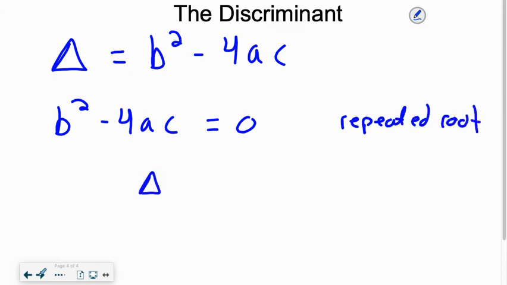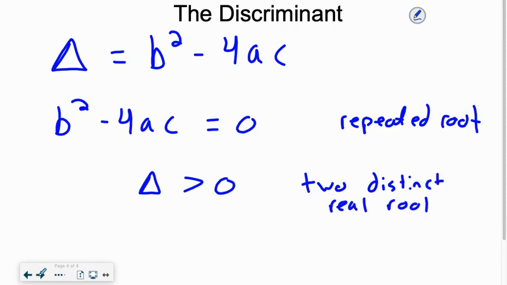If your discriminant is greater than 0, there are two distinct real roots. If your discriminant is less than 0, there are no real roots or no real solutions.